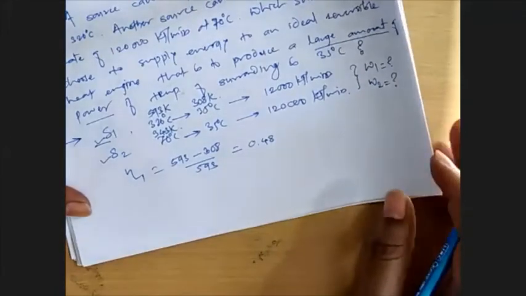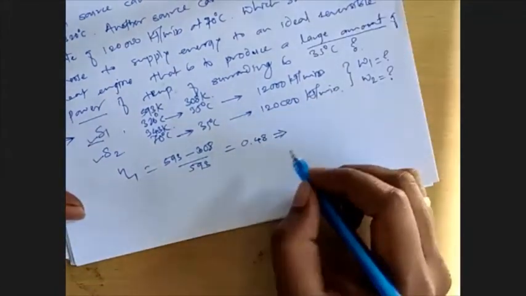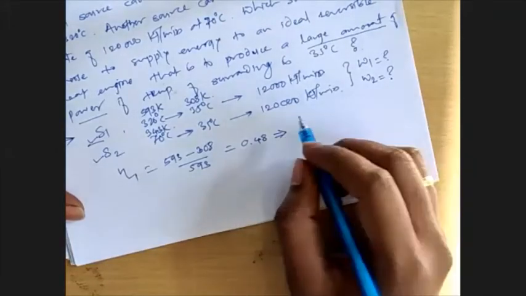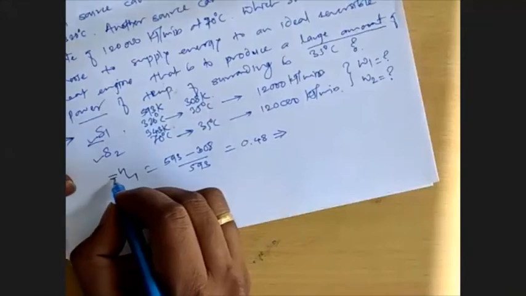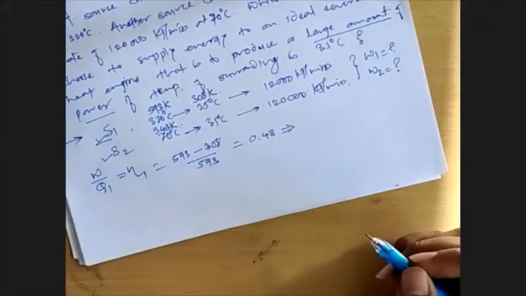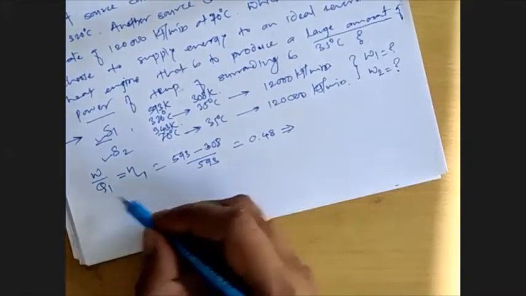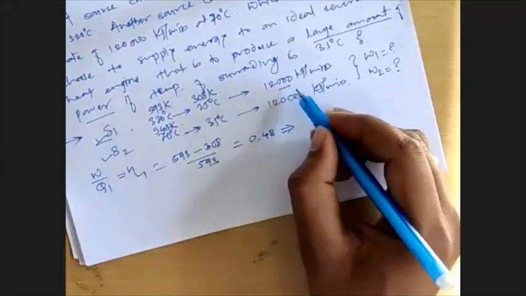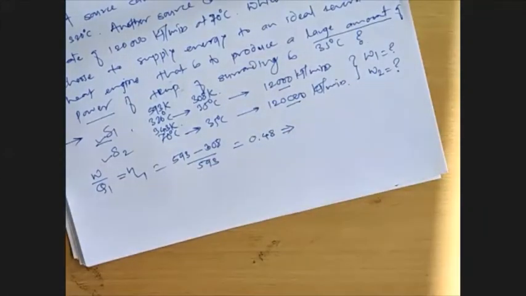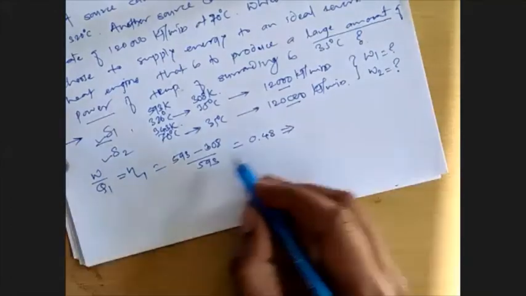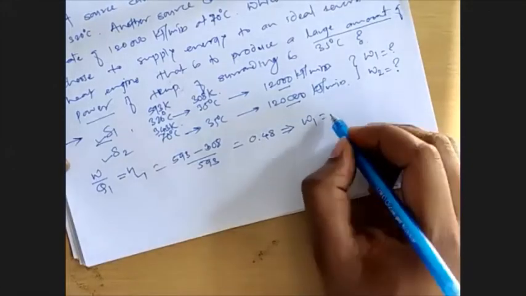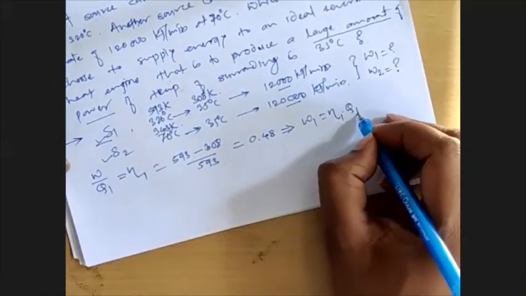Okay. And from this one, now we need to find work done. So for the efficiency itself, we have alternative relation W by Q1, and we have value of Q1 as an input, because for source 1 it is 12,000, for source 2 it is 1,20,000. So from this relation, W1 is equal to N1 into Q1.